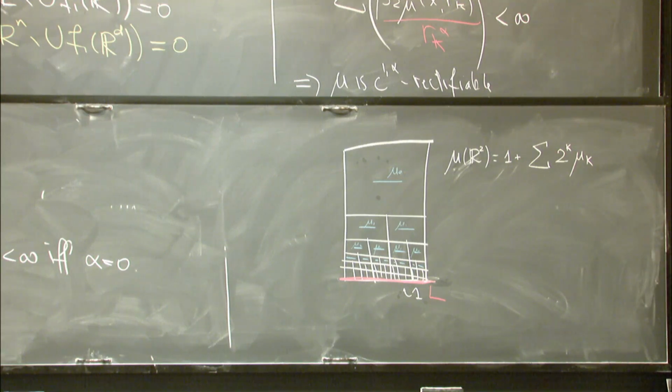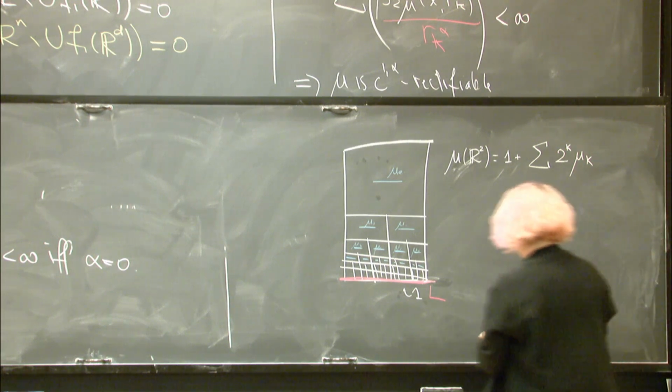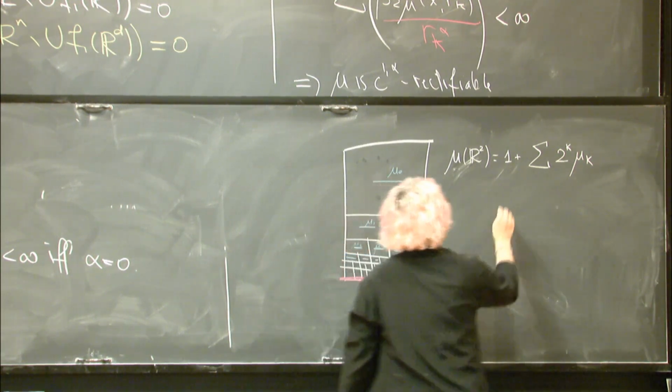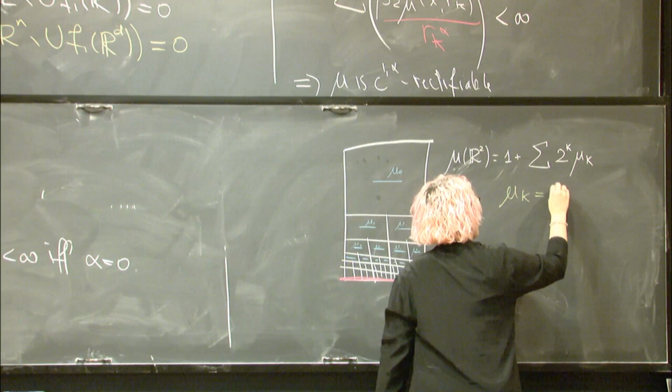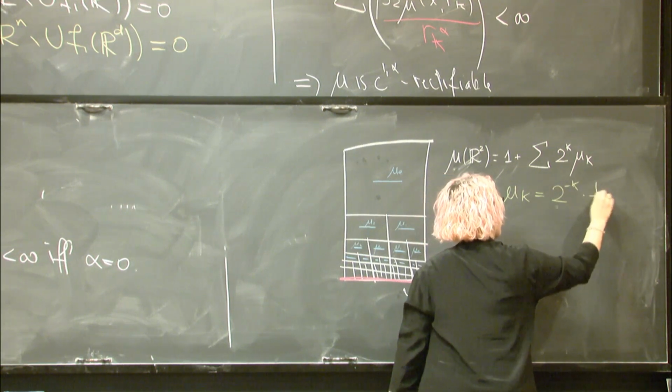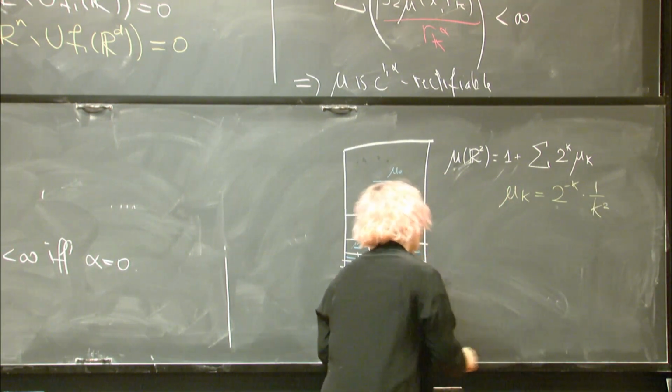This is my total mass, and I want to choose mu k so that this mass is finite. A very good choice for that is mu k equal to 2 to the minus k times 1 over k squared.